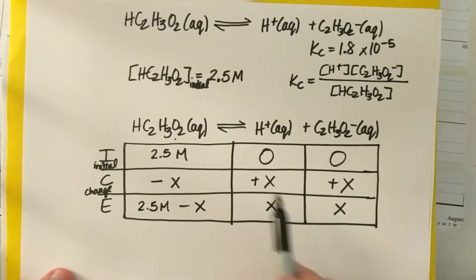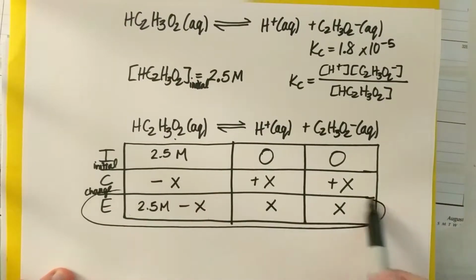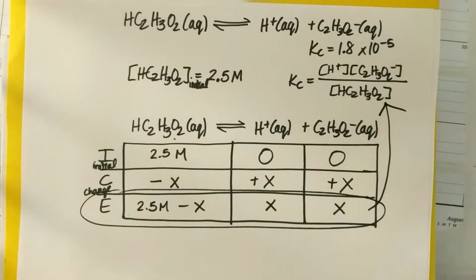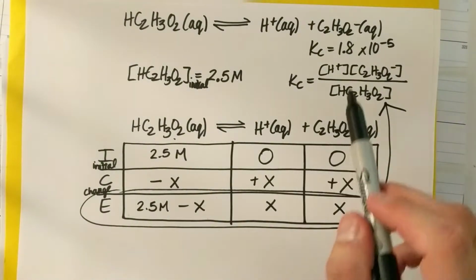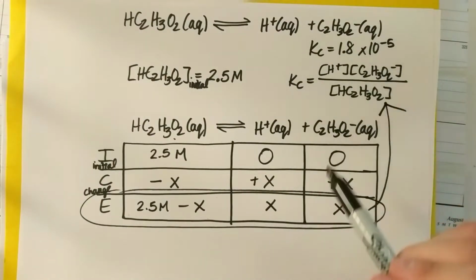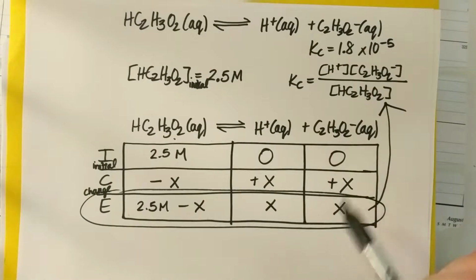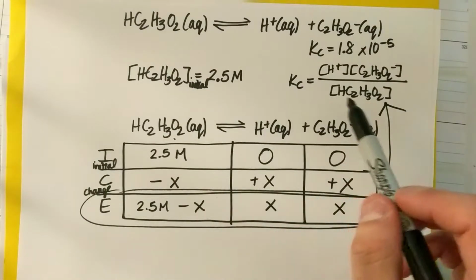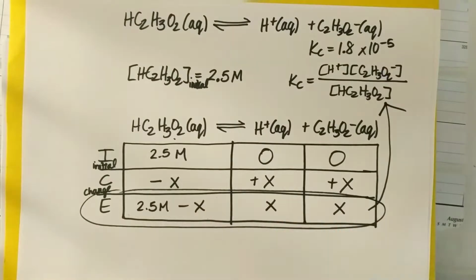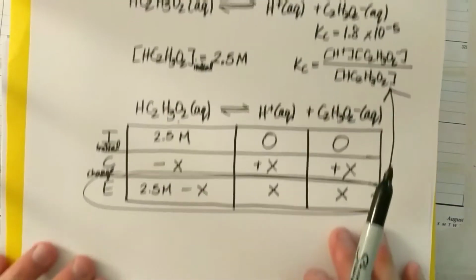So I'm going to plug in this equilibrium section into my K expression. I'm going to substitute in my concentration of H plus for X. I'm going to substitute my concentration of C2H3O2 minus for X. I'm going to substitute my concentration of HC2H3O2 for 2.5 minus X. And I already know my Kc.